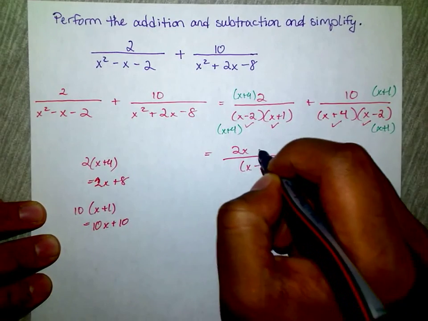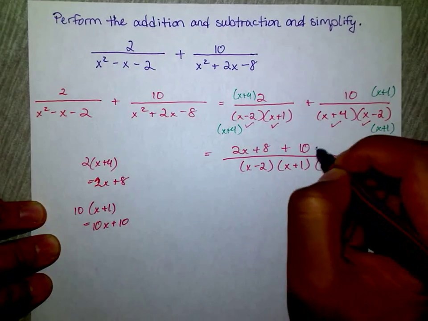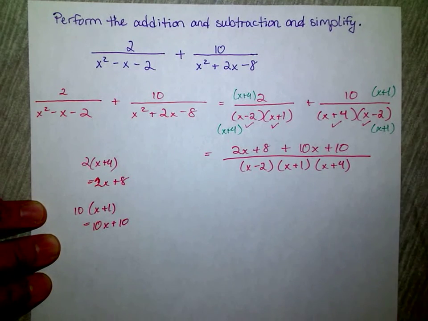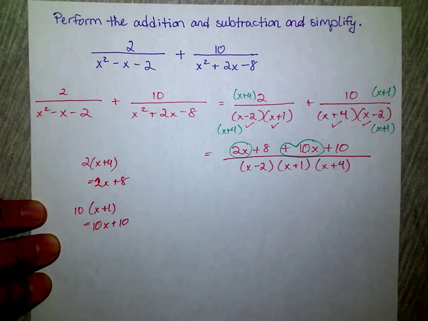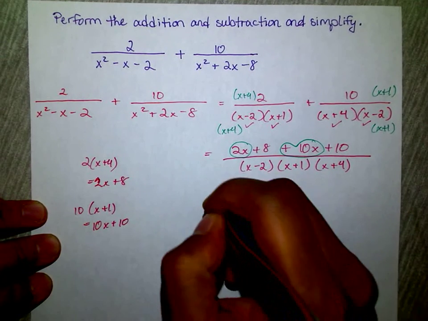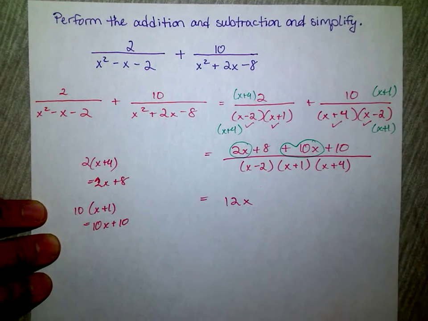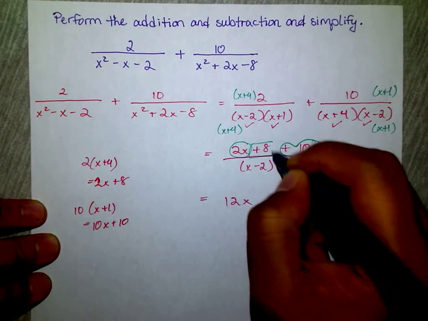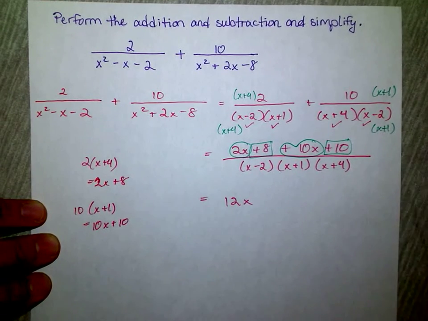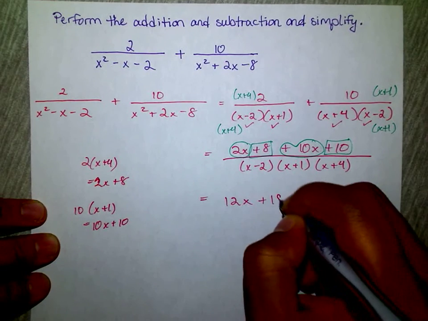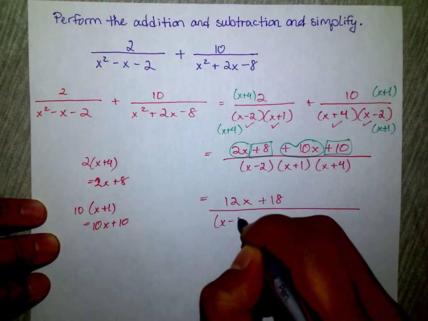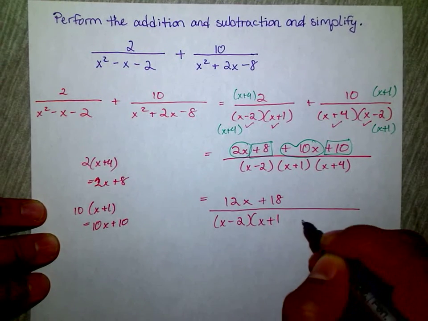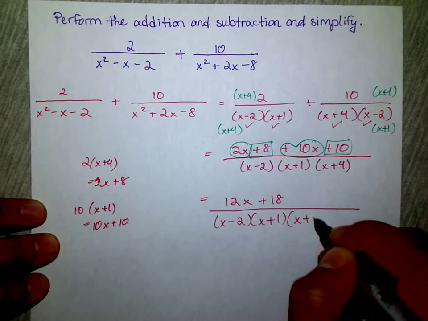So 2x plus 8 plus 10x plus 10, and then from there I can proceed to combine my like terms. 2x and positive 10x gives me 12x, and a positive 8 and a positive 10 gives me positive 18, and we can put that all over x minus 2, x plus 1, x plus 4.